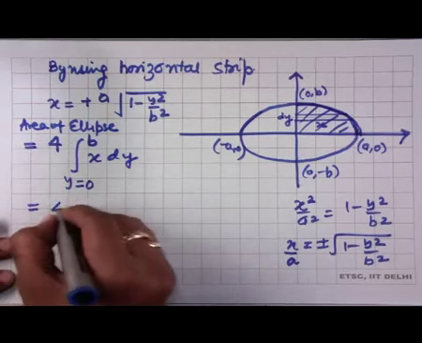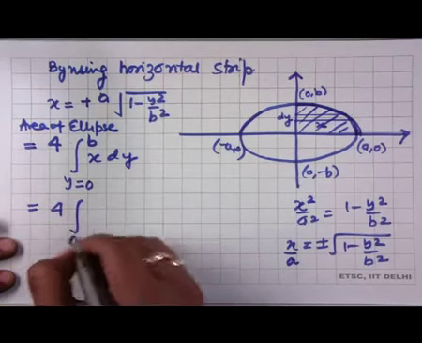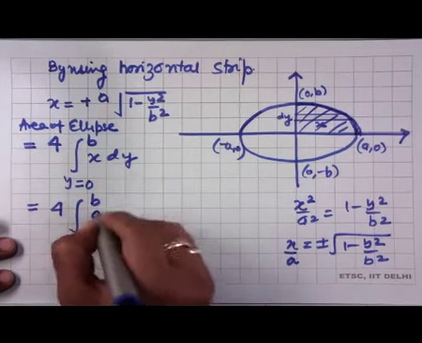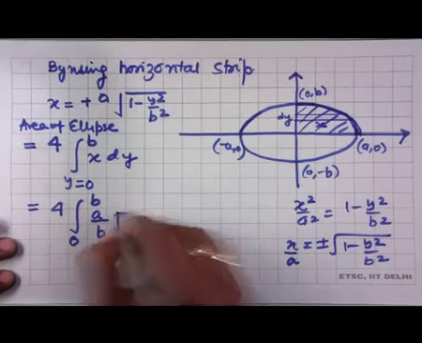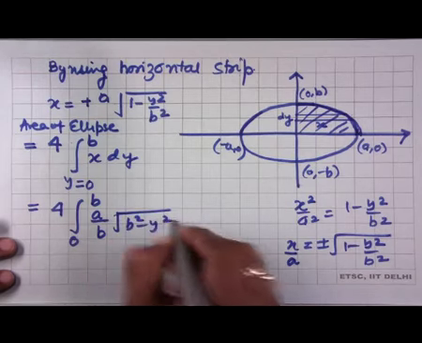So we get 4 times integral 0 to b, x is a by b under root b square minus y square dy.